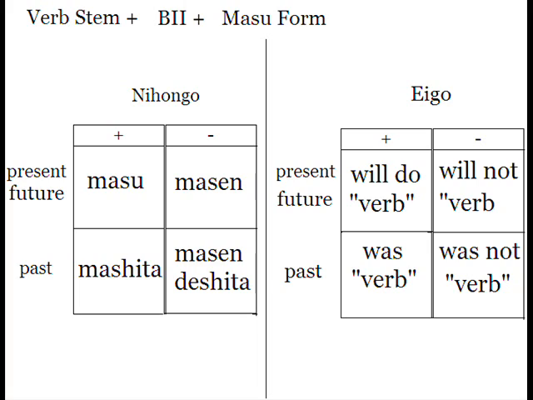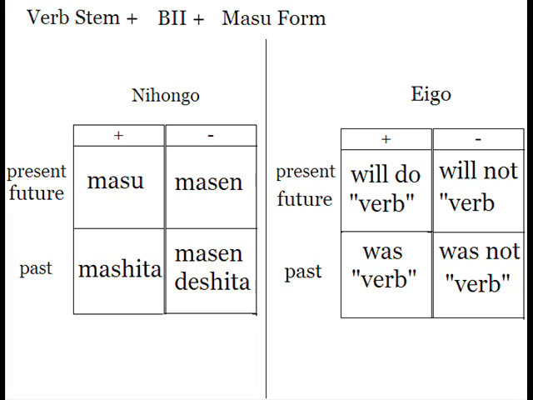So present positive is masu. With just using the verb in a basic structure with the masu box, you will take the base 2 form of the verb and add masu to the ending. And there are different kinds of masu depending on the conjugation that you want. So we have masu, we have mashita, we have masen, and we have masen deshita.